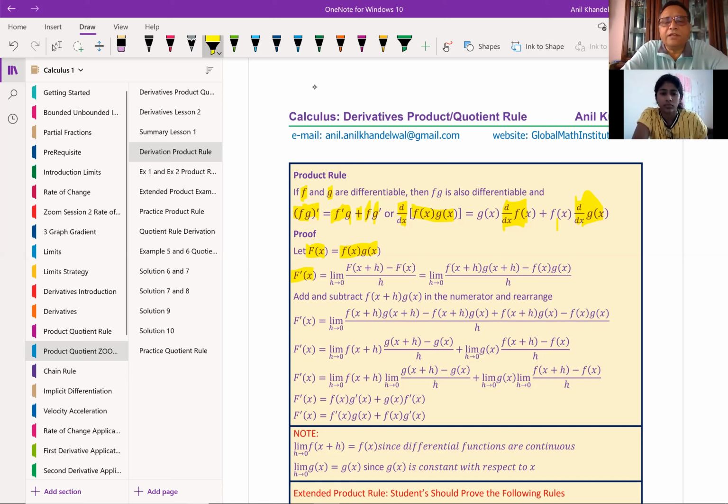Now, going with the definition of derivatives, the limit of F of x plus h minus F of x over h, when h approaches 0, is the derivative, correct? That's the definition. Perfect. Now, since we know what capital F is, it is the product of f and g, we just wrote the function itself in the form of the product of these two.